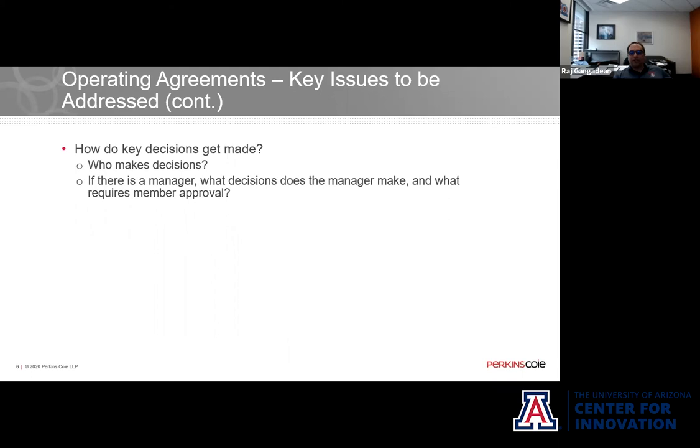If there's a manager, what decisions does the manager make and what requires member approval? Usually the manager has authority to make the day-to-day decisions about the company's business. But more high-level decisions like selling the company usually require also member approval, at least a majority in interest, 51%. Sometimes you can require supermajority approval or even unanimous approval of the members.